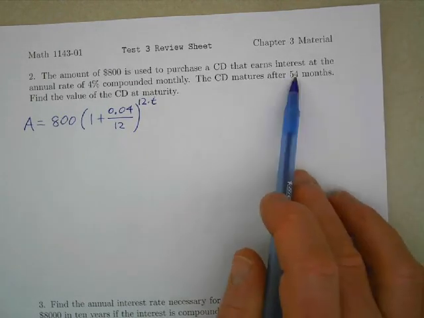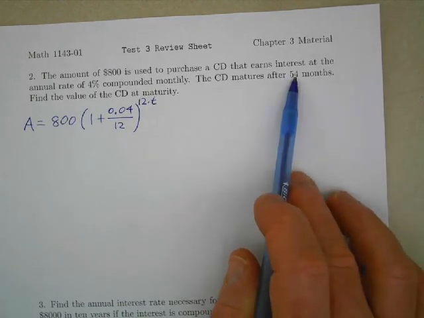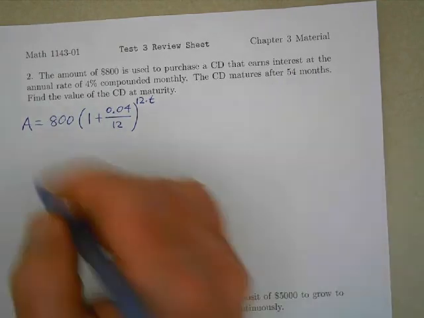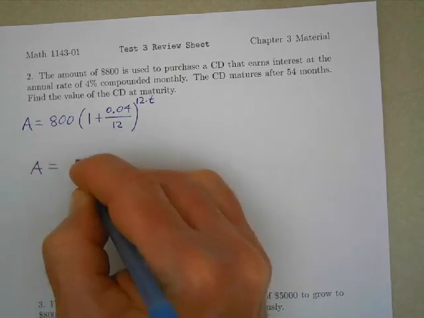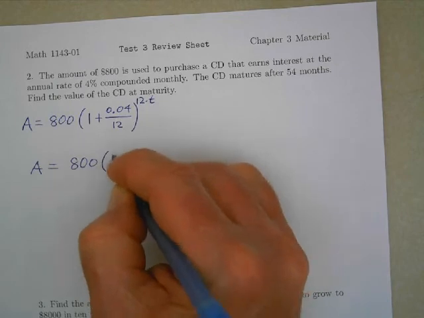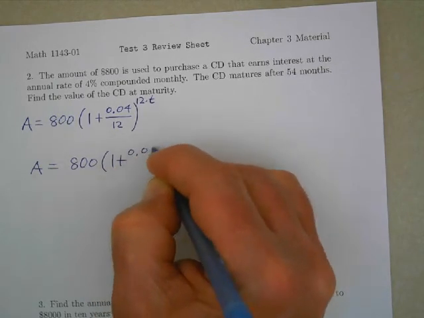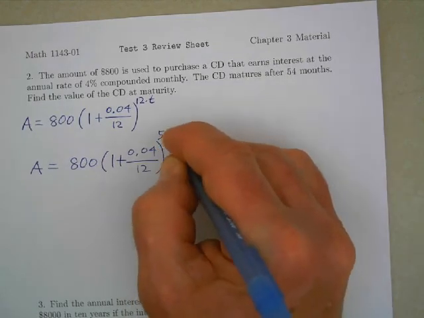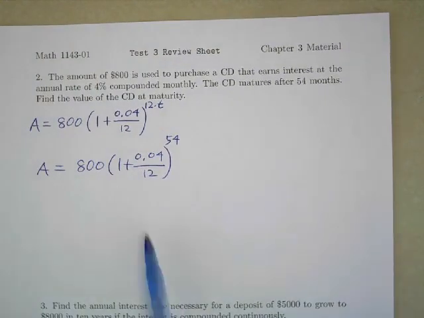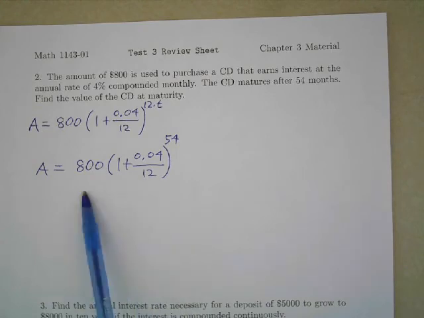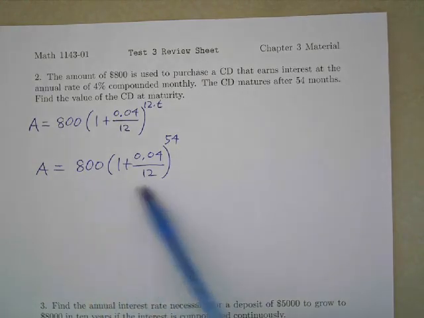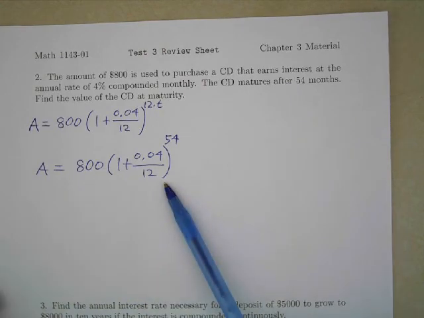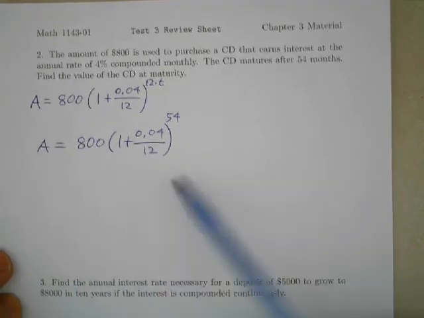So the value of the investment after 54 months is just A equals 800 times 1 plus 0.04 divided by 12 raised to the exponent 54. And then you can use a high-powered calculator. If you're not going to use a calculator, then this is the answer. But you can use a calculator if you want to get something to relate to.